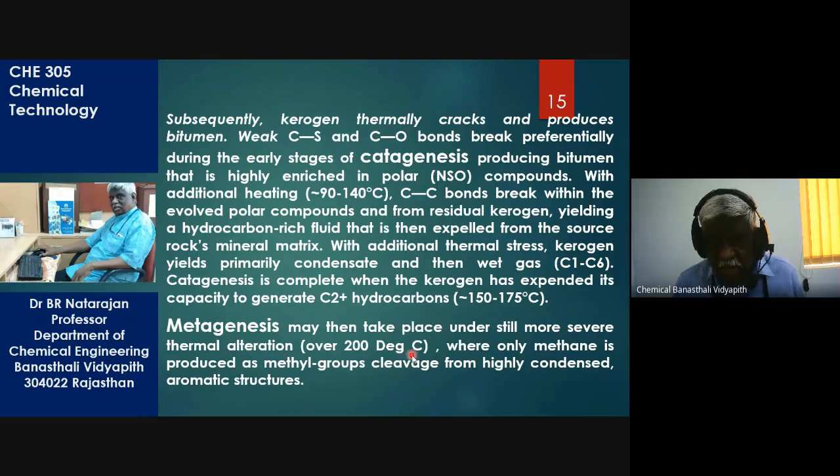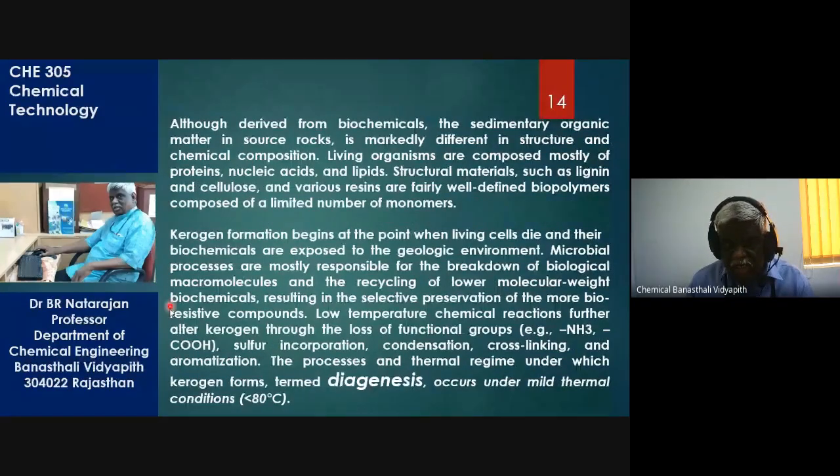The temperatures are high, where only methane is produced as methyl groups cleave from highly condensed aromatic structures. So, metagenesis. You have three things. First is kerogen formation. When living cells die, they end up as kerogen, and kerogen undergoes diagenesis below 80 degrees to form hydrocarbon.